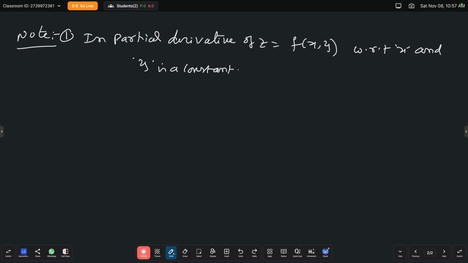With respect to y, x is a constant. Okay, in the partial derivative, this is one important note.